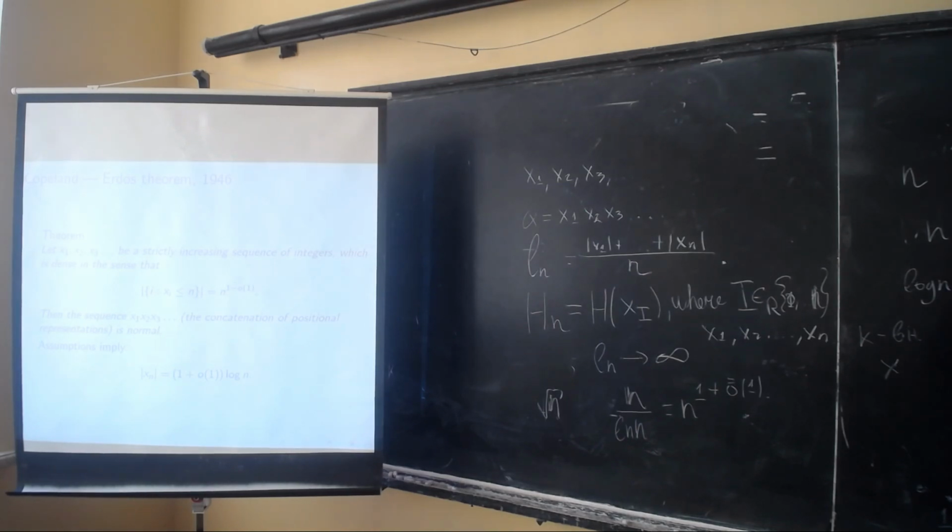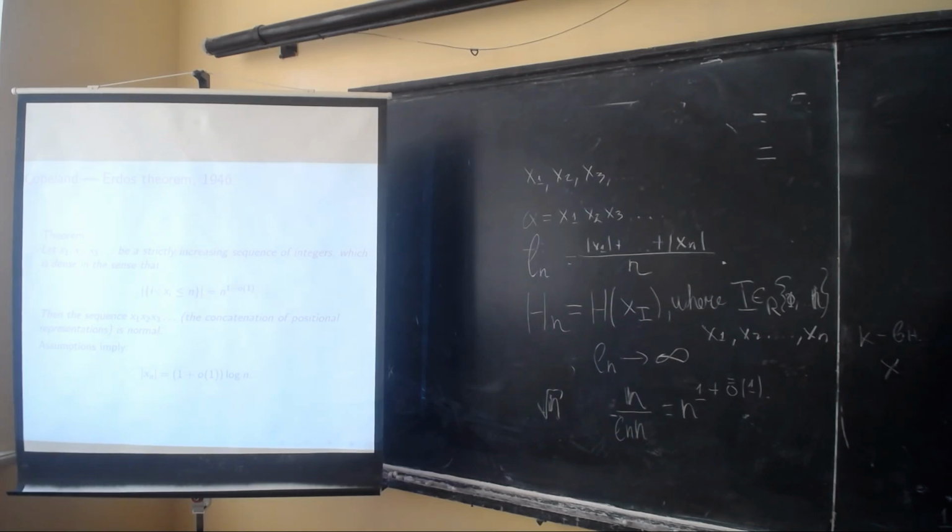We will consider separately the first half of squares and the second half of squares. And we will show that the first half and the second half of squares behave randomly in some sense.